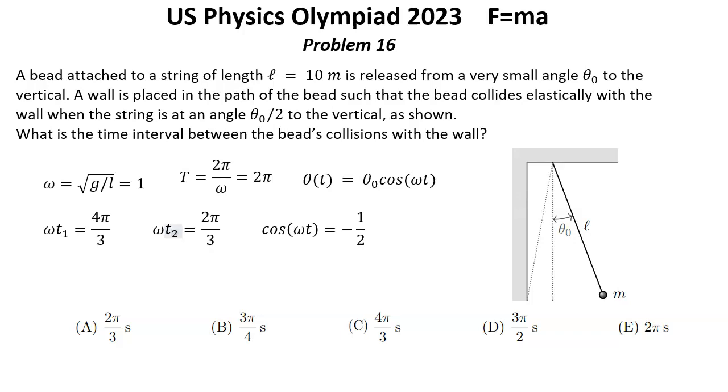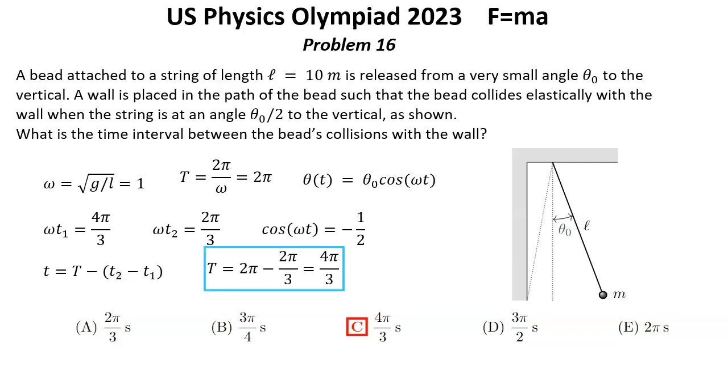The moments when the bead reaches the wall, in the position where cosine equals negative 1/2, are t1 and t2. So we need to exclude from this oscillation the time from t1 to t2, and the total time between collisions will be the period minus (t2 minus t1), which is 4 pi over 3. That's answer C, and that was the solution for problem number 16.